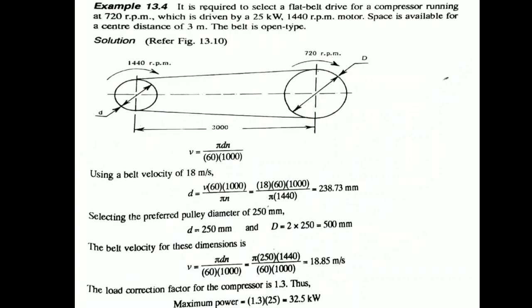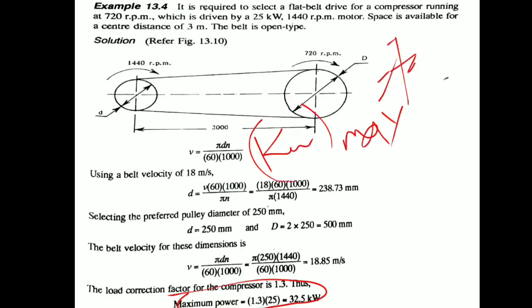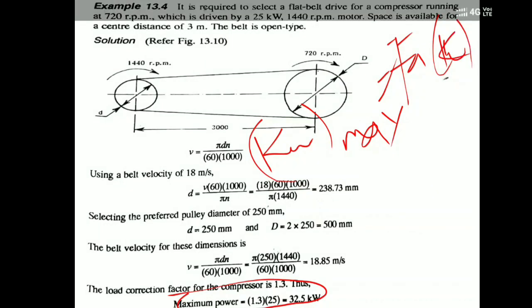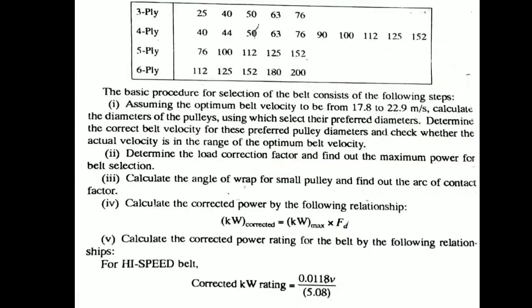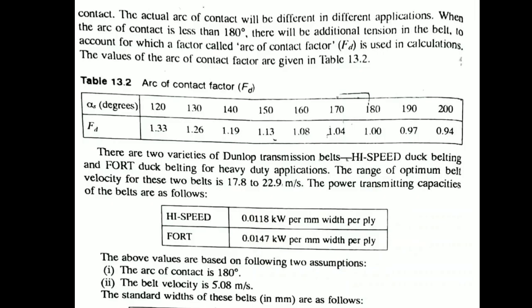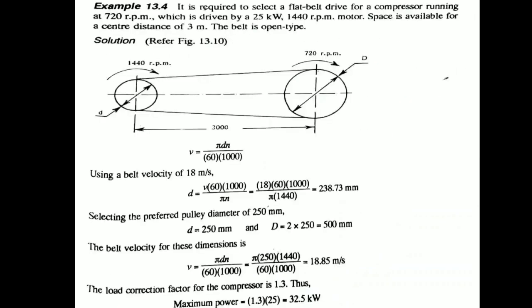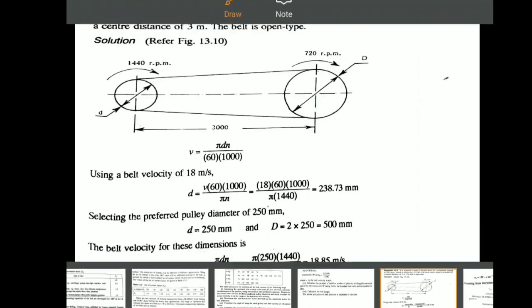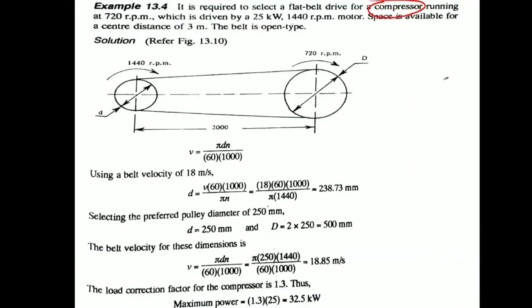Next, we know the maximum power equation we have written, kW max is equal to FA into kW. Maximum power we don't know. In the example they have mentioned compressor, so I will have to select the FA value for compressor.